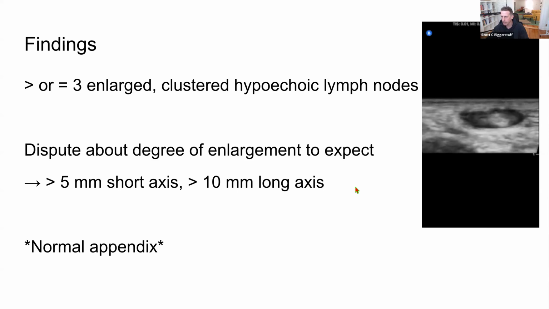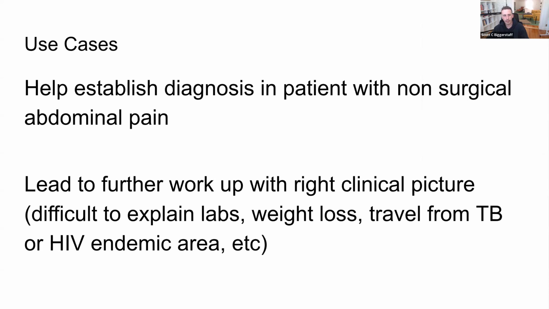So lots of things again can cause enlarged lymph nodes in the abdomen. If you have other clinical things that are concerning, then I think that patient needs additional workup, and you can't just chalk it up to mesenteric adenitis. So for example, you have labs that are tough to explain, like a leukopenia, or the patient's had a lot of weight loss, or they've traveled from a tuberculosis or HIV endemic area.